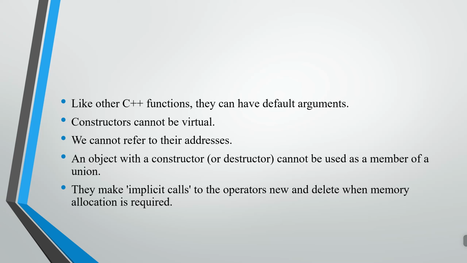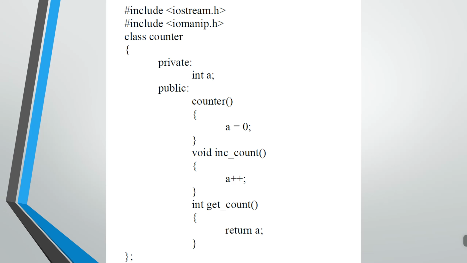So we cannot refer to their addresses. An object with a constructor cannot be used as a member of a union. They make implicit calls to the operators new and delete when memory allocation is required. So these are the special characteristics of the constructor.